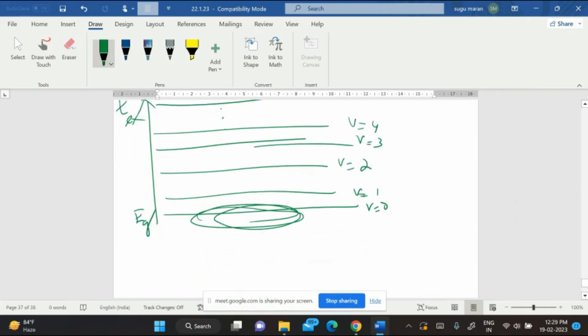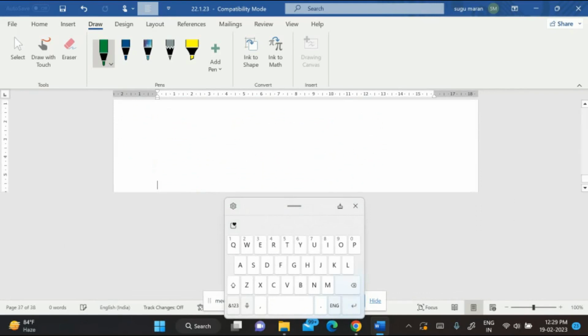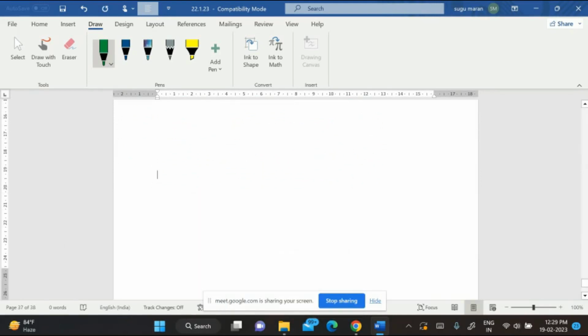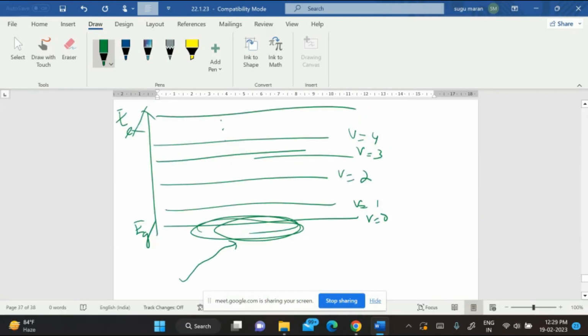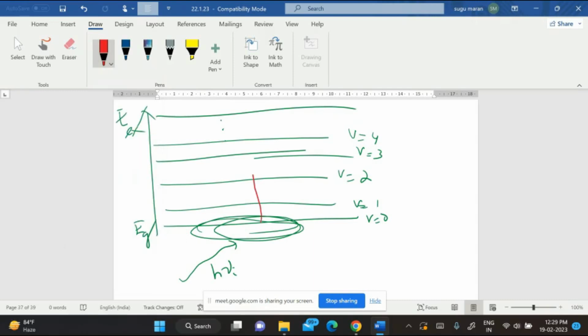Suppose I irradiate with photons. I'll show it in a different color. This is my incident radiation, and the molecule is excited. It moves to a higher state, which is called a virtual state.